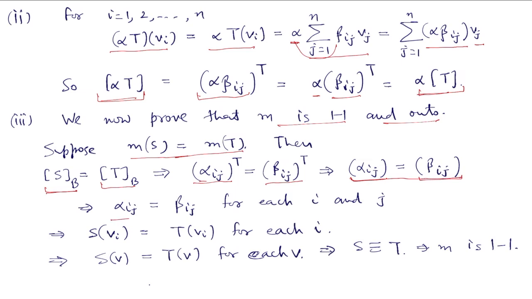So this will mean that αij is βij for each i and j, and that means that S(vi) is equal to T(vi) for each i, because S(vi) is a combination with αij coefficients on the vectors and T(vi) is a combination with coefficients βij. So if these two are equal, then corresponding coefficients must be equal, and if corresponding coefficients are equal, these two are equal. So S(vi) is T(vi) for each basis vector, and we know that if transformations agree on basis vectors, then they agree on all the vectors. So S(v) is the same as T(v) for each v. This shows that S is the same as T, and so m is one-one.